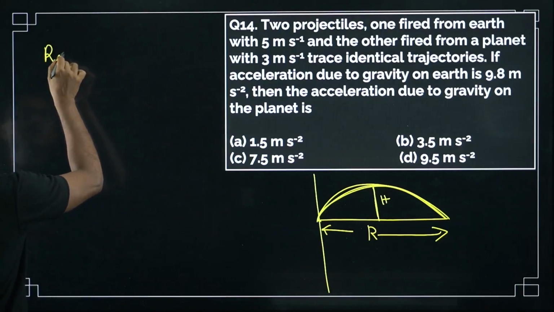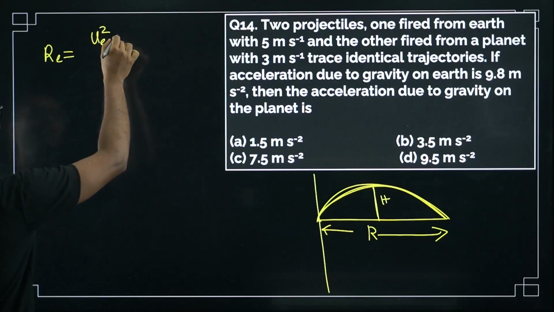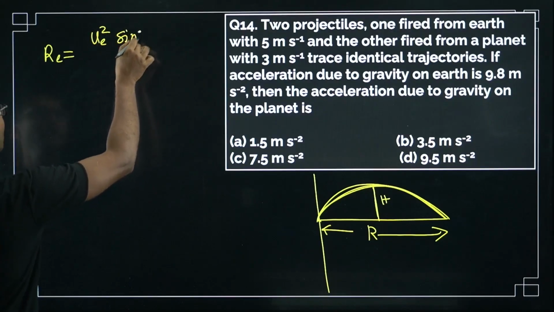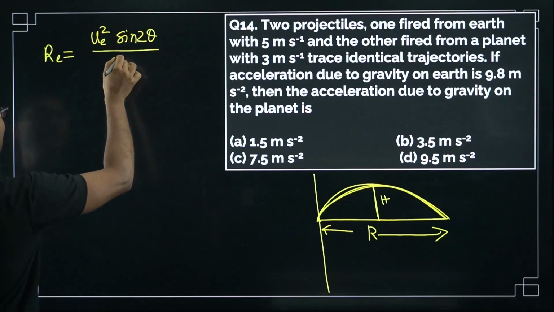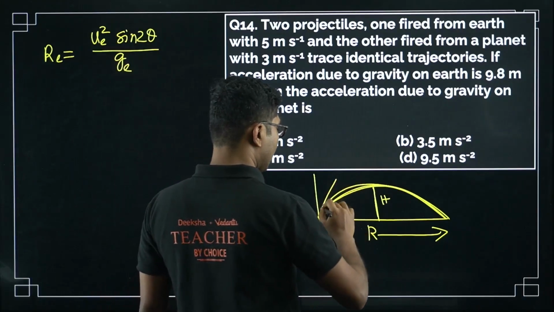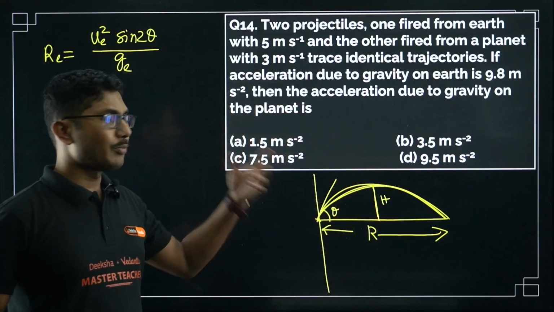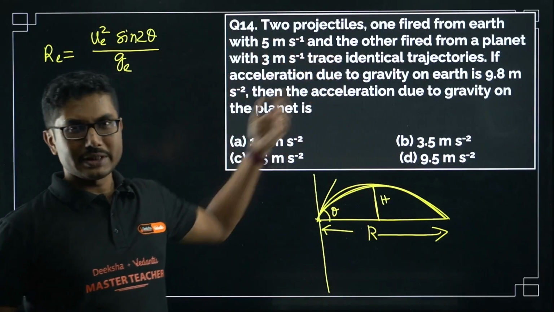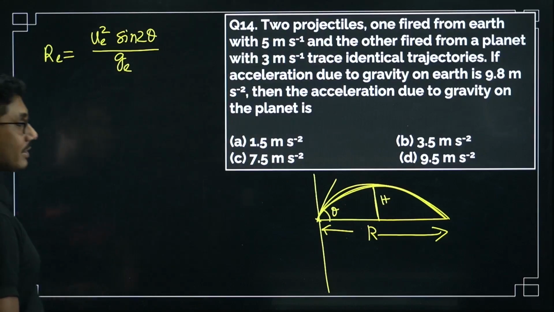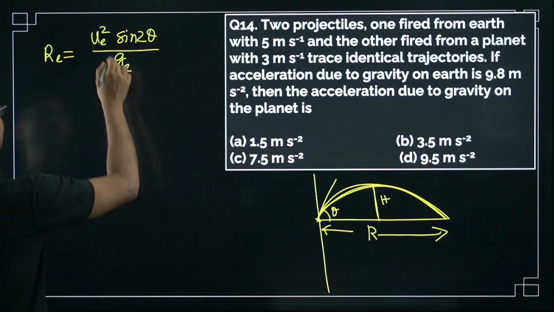Range on Earth equals u Earth square sine 2 theta by g of Earth. If they are tracing the same trajectory, then the angle of projection has to be the same, otherwise the projectiles cannot trace the same path. So this is on the Earth.